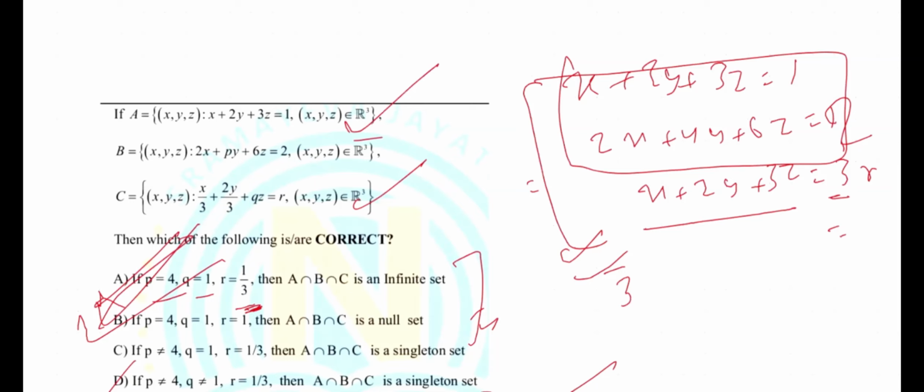So there are two planes, and two planes have infinite solutions because they have a common line of intersection. So it has infinite solutions, and it is given singleton, so C is incorrect. The correct options will be A, B and D.